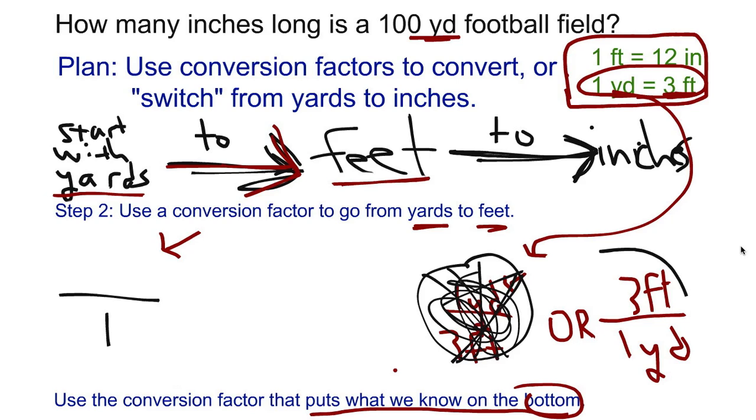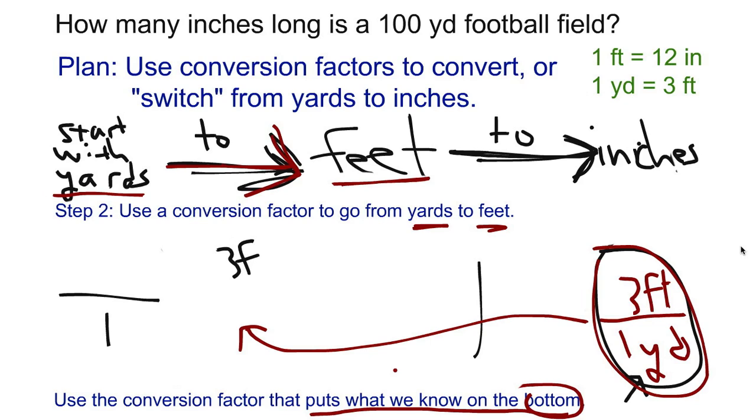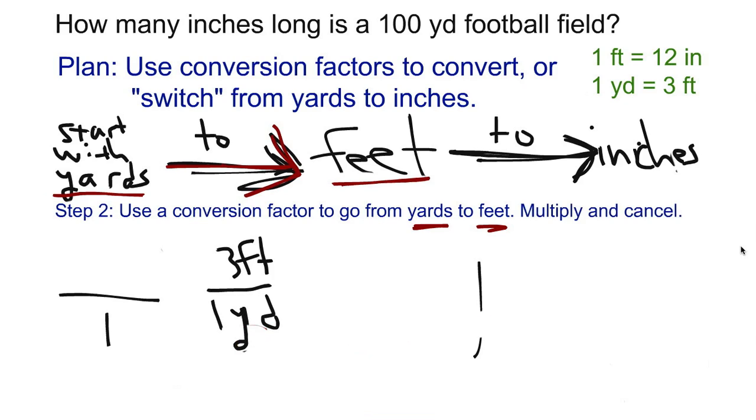So, if we look at this conversion factor, it puts yards, what we know, on the bottom. So we choose this conversion factor and we're going to move it right up here, and we will write 3 feet divided by 1 yard.